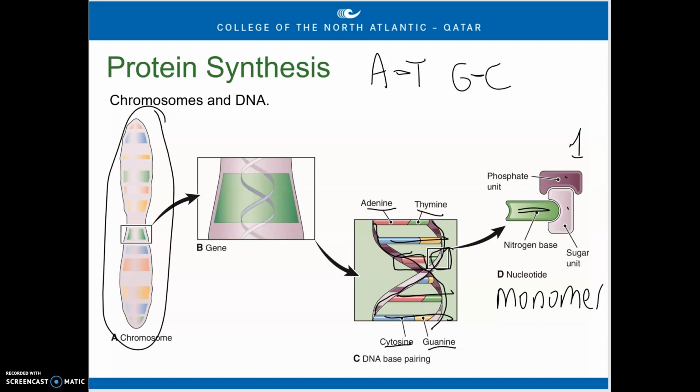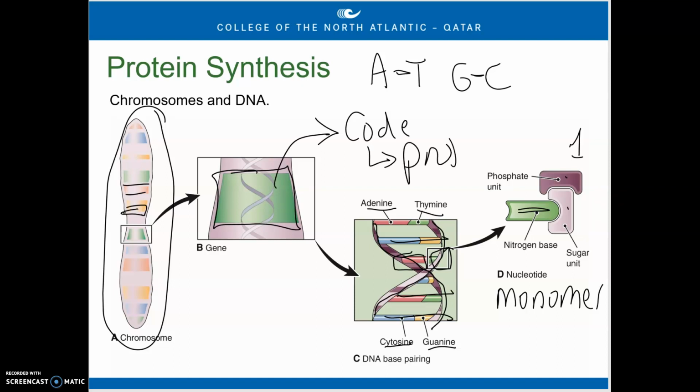Now the different parts on each chromosome, which they have here in different colors, are genes. Generally, a gene is a code to produce a protein. So it's an instruction manual on how to produce a protein.